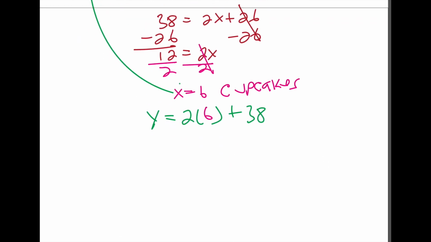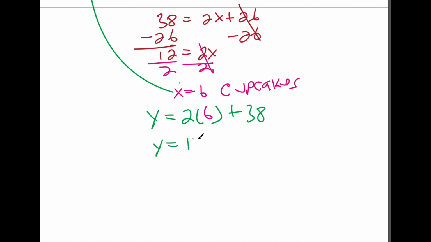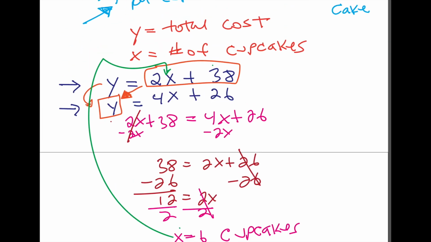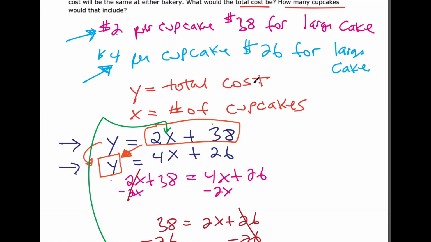So y equals 12 plus 38, which is 50. So y equals 50. Our answer for this problem is $50 at 6 cupcakes.